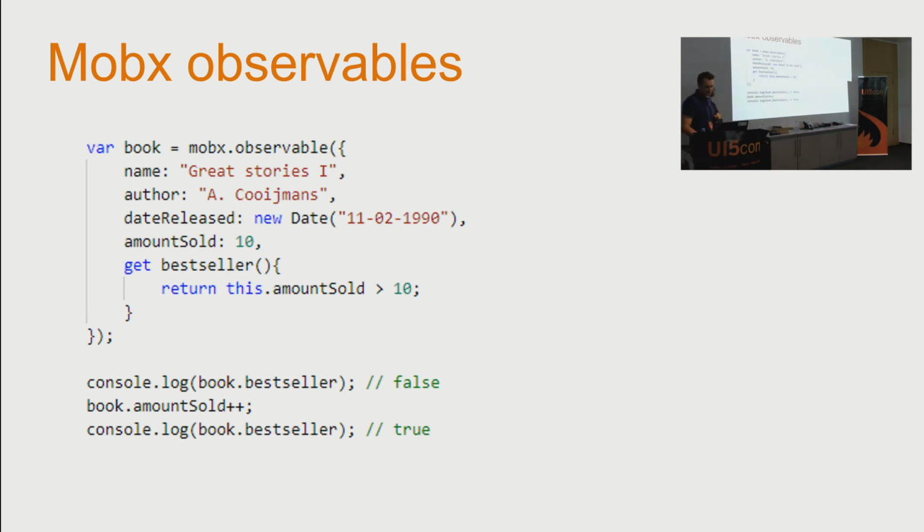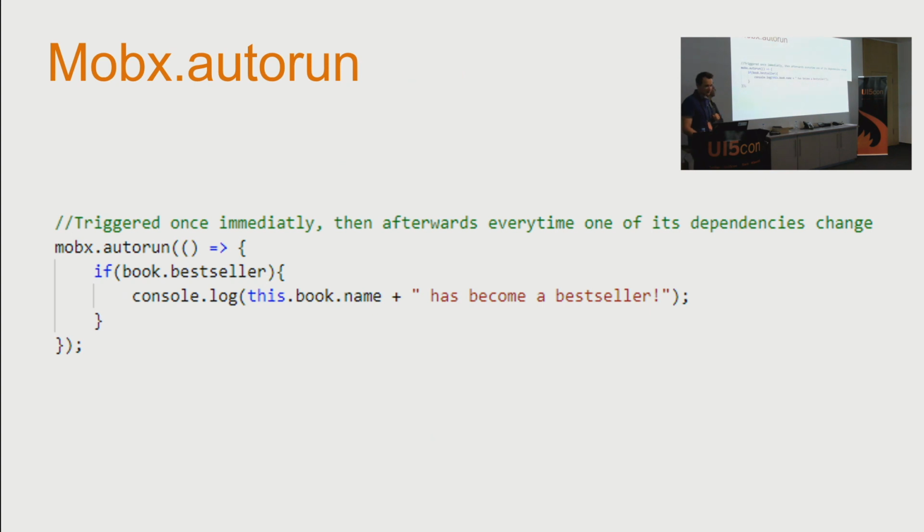So that's the observable. You got some other key features that you can put on those observables. That is the MobX autorun. The autorun is triggered once immediately, and afterwards every time one of its dependencies changes. So all the code that I got in my autorun, MobX observes those properties all the time.